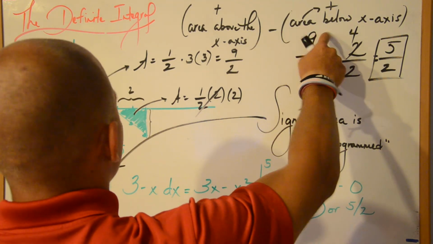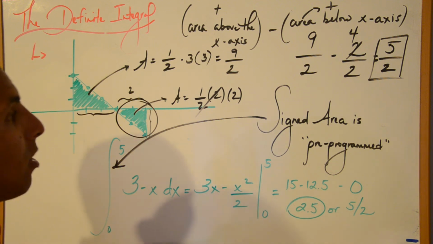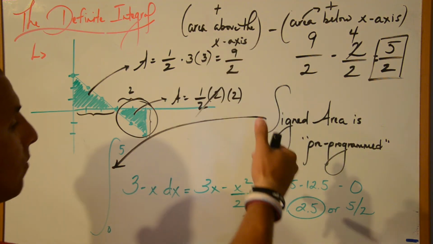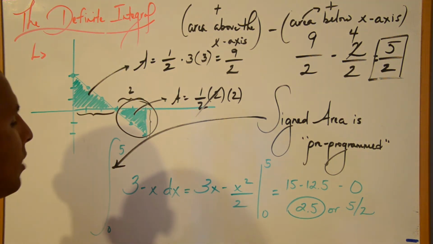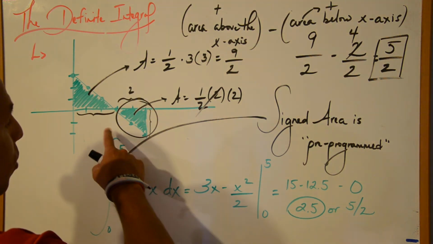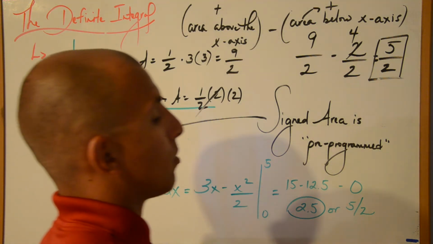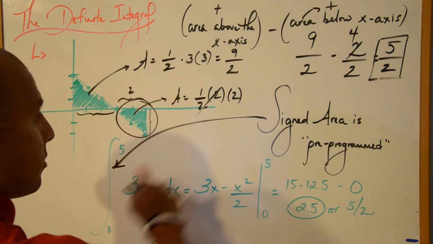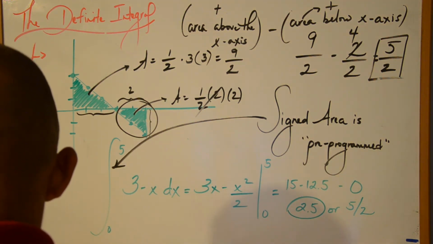We're just making sure that we subtract the area beneath the x-axis from the area above the x-axis, not vice versa, or else this would turn negative, and that really can't happen. But when we're not looking at it graphically and we're just computing a definite integral, we don't even need to worry about that at all, because signed area, once again, is pre-programmed into the definite integral.